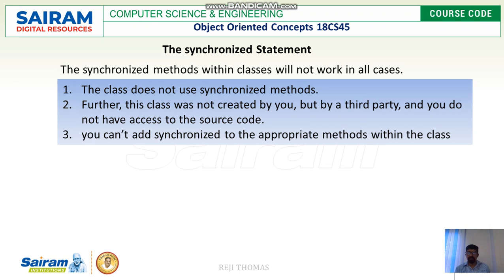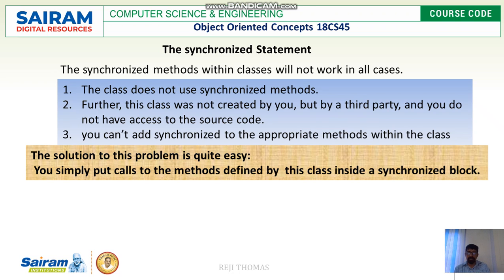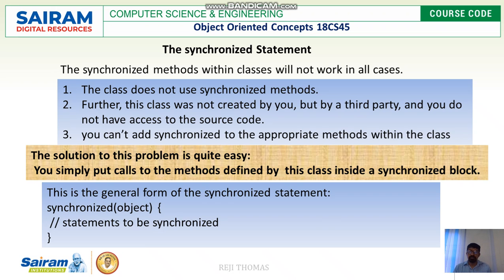So the solution is to have a synchronized statement. You put the call to the method defined by this class inside a synchronized block. Whenever I feel that a particular method should be used by one thread at a time, I make the call to that method in a synchronized block.